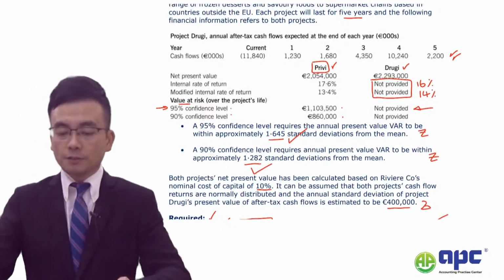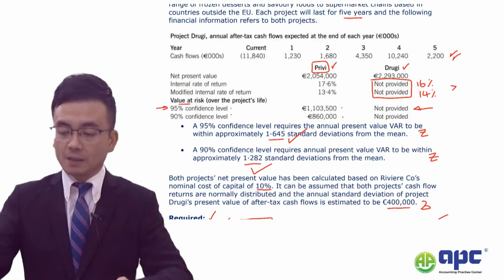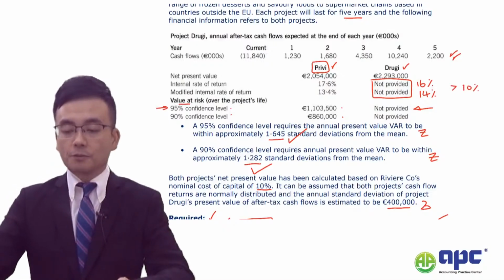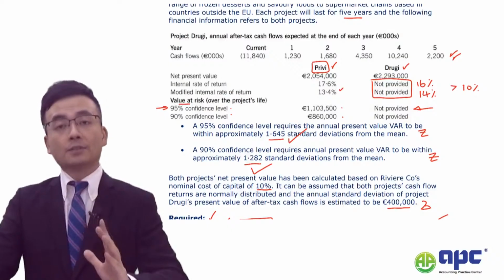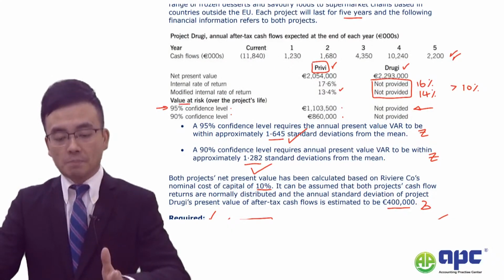Now, of course, both of these will be higher than the cost of capital of 10%, and also for the P project. It's absolutely fine to do this project and you can earn positive NPV.